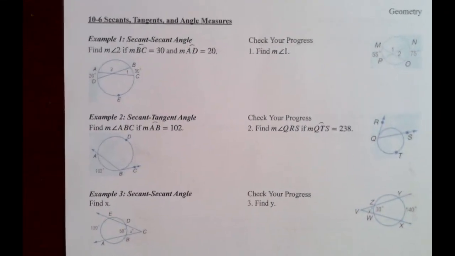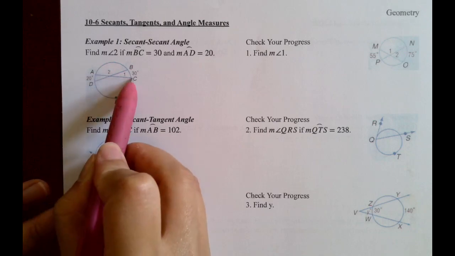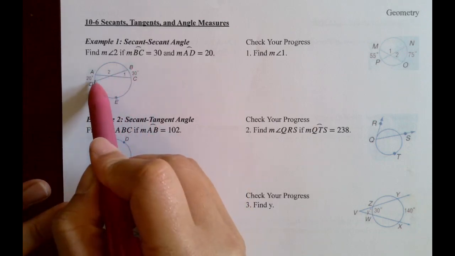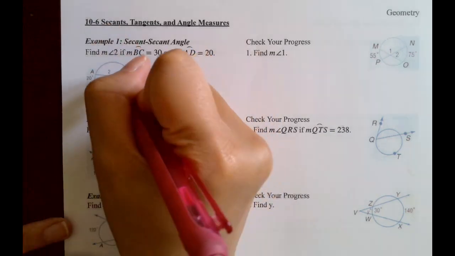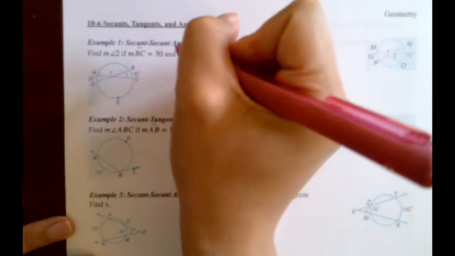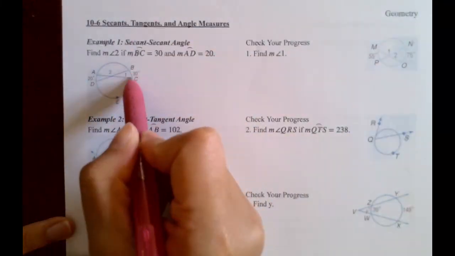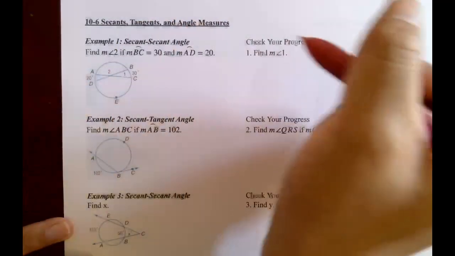Here we have two secant lines. Note that this touches the circle in 2 places, and this one touches it in 2 places. We're finding angle 1, which is this angle here. We know that arc BC is 30 and arc AD is 20, and we want to find angle 2.